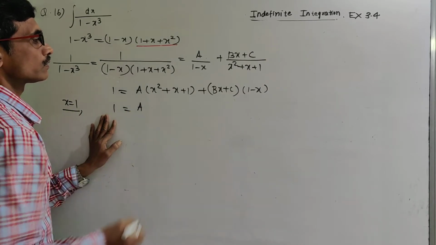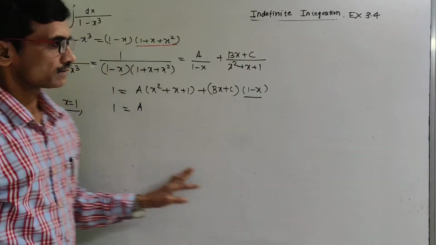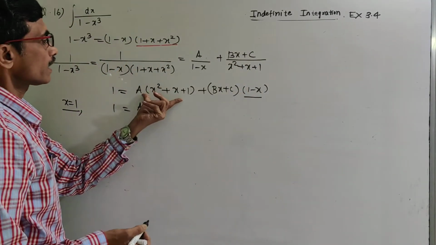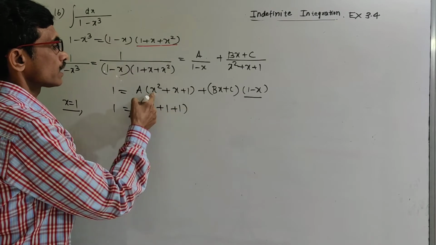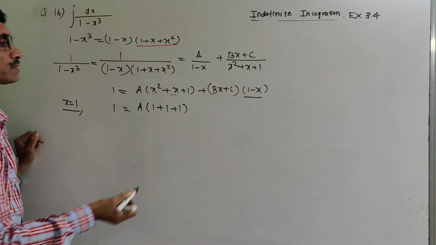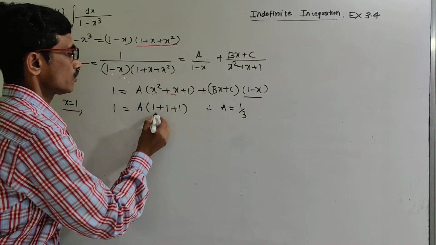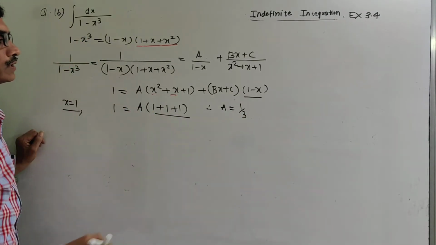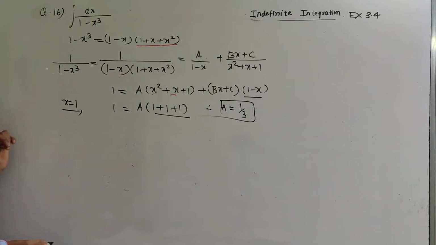The a part stays, and the other part will be 0 because we are putting x equals 1. So a is 1 plus 1 plus 1, that is 3 into a is 1, so a is 1 by 3. Constant a equals 1 by 3 you got.